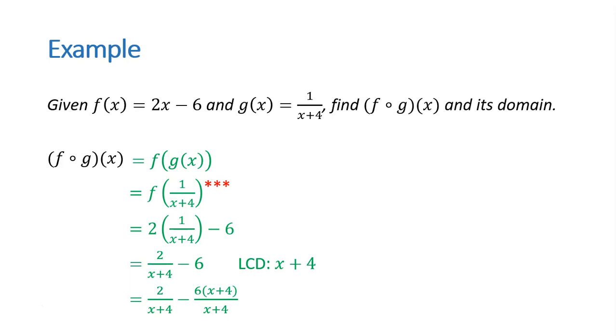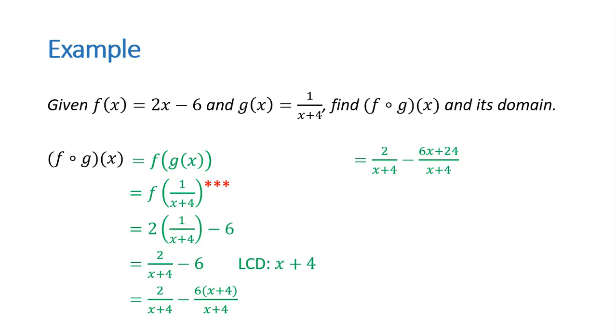Before I combine the numerators, let's simplify that second numerator. The 6 distributes to the x, and it distributes to the 4. So we have 2 over x + 4 minus (6x + 24) over x + 4, both of them over x + 4. We're combining using subtraction, so be really careful here. Notice both terms in the second rational expression have to be subtracted.